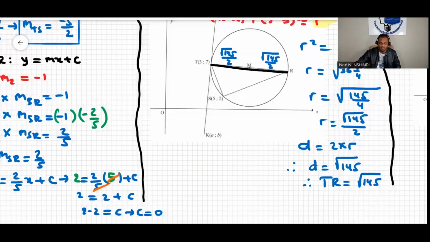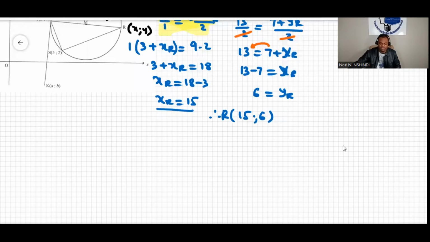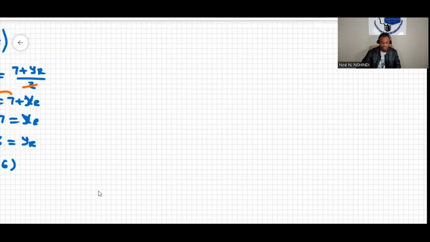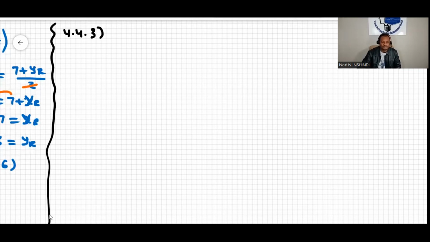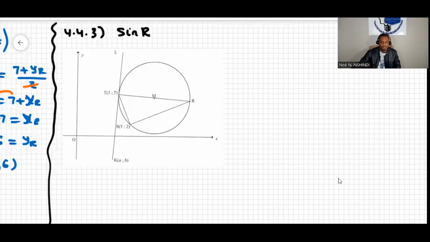I'm going to move my board to the other side, and we have question 4.4.3. So we're looking for sine R. Now I think I can also place in the diagram over here. Here's the diagram. So we're supposed to find sine R.